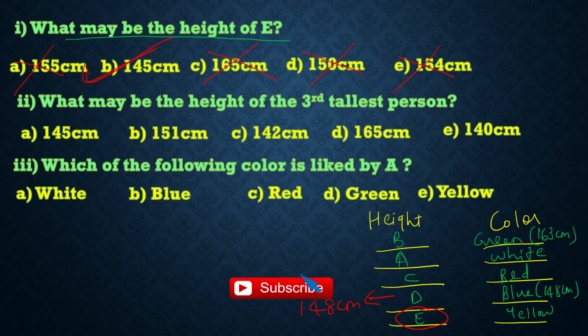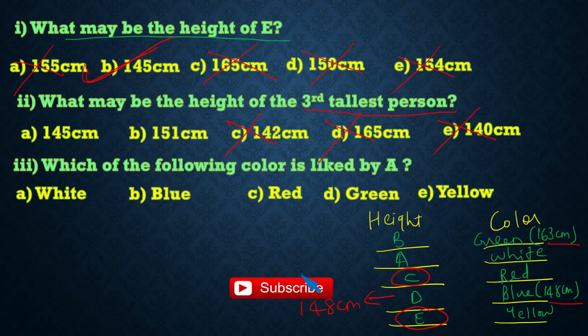Second question says, what may be the height of the third tallest person? Third tallest person is C. What may be the possible height of C? It should be between 148 and 163 centimeter. 145, can it be? 151 centimeter, 142 can't be, eliminated. 165 also can't be, 140 also can't be.